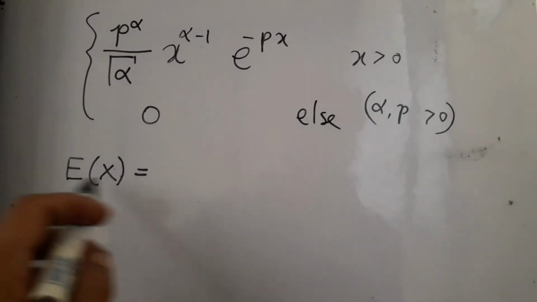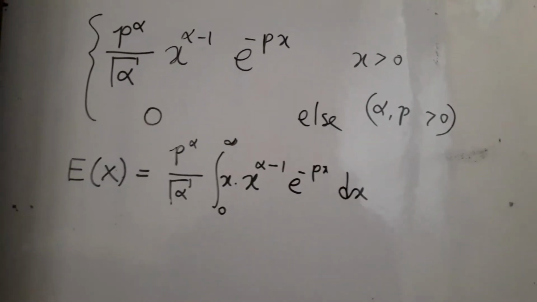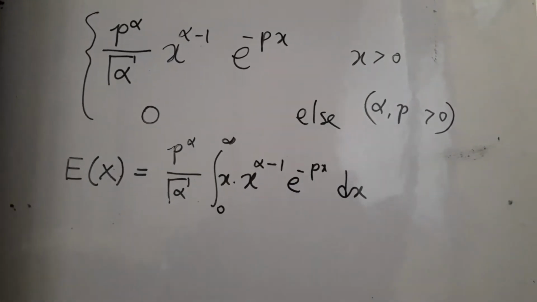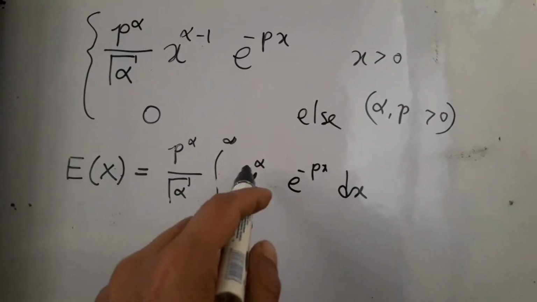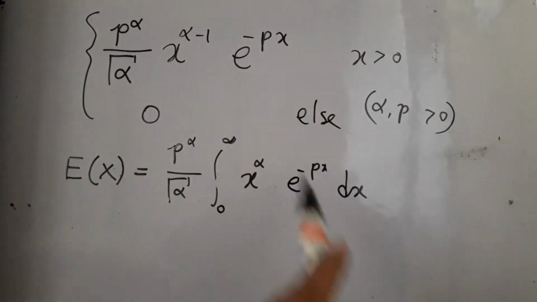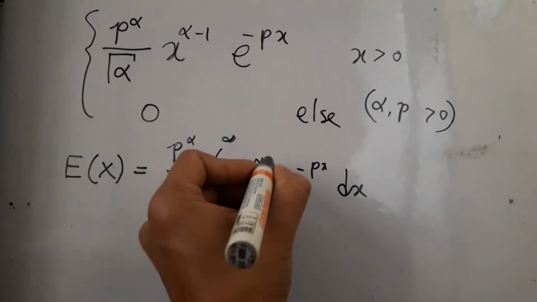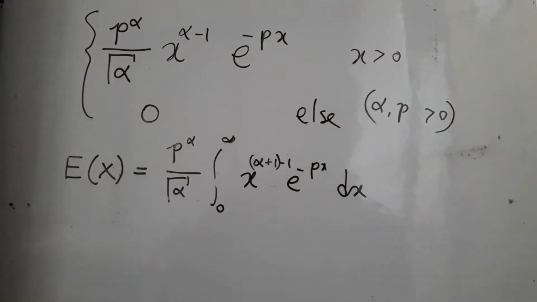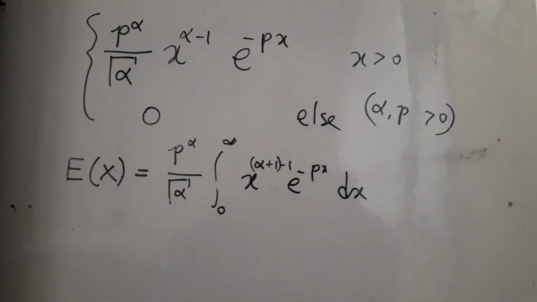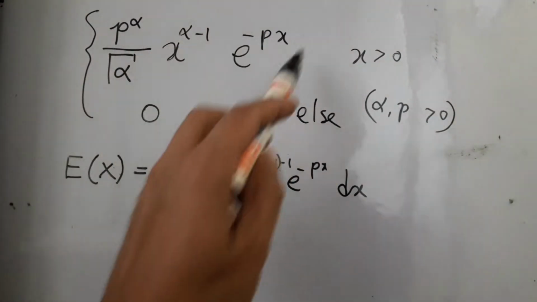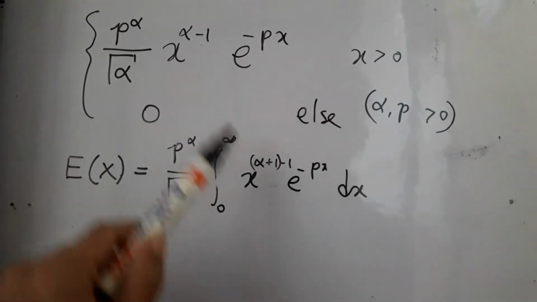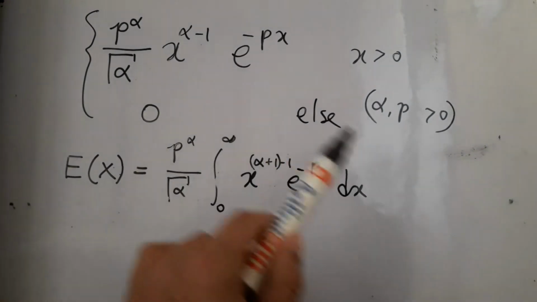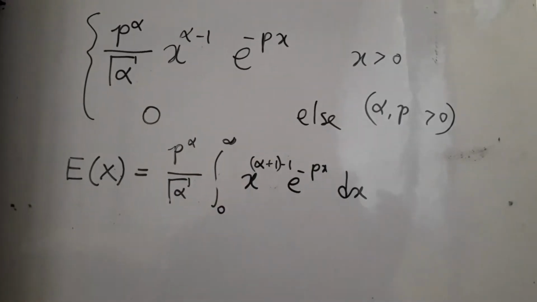For example, expected value of X is the integral of the density times x, which is absorbed into this power, and this is again something like the gamma integral once I write this as alpha plus 1 minus 1. This is exactly like our original thing, except that alpha is now replaced by alpha plus 1. So we know what this integral is going to be.